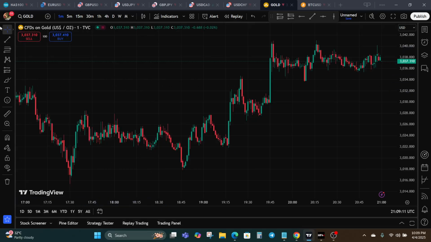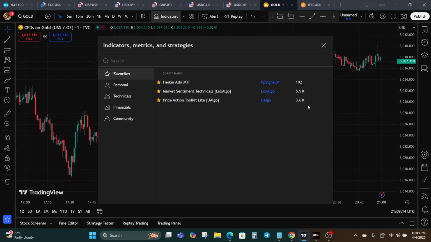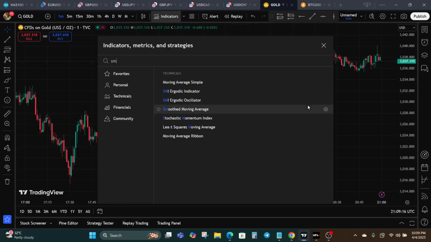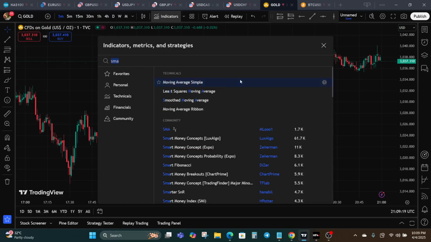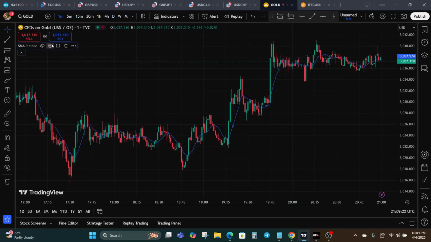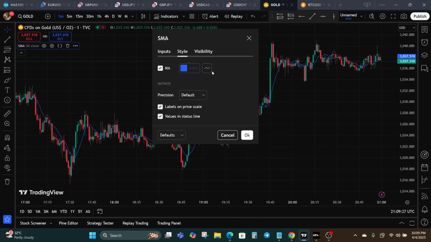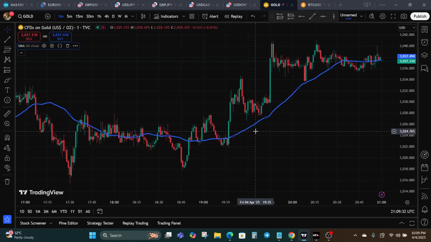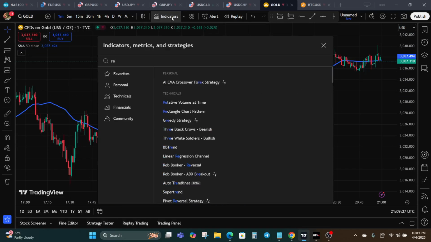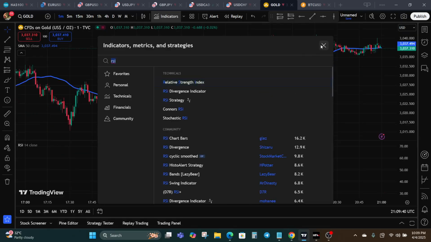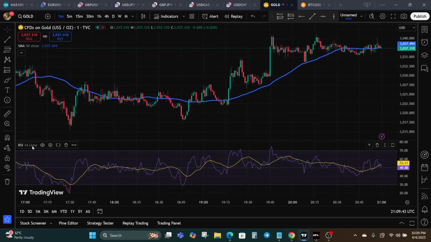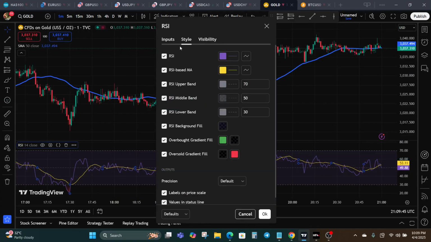Let us set up these indicators on our chart. We're going to be using the 50 SMA, the 50 simple moving average, and then we're also going to be adding the RSI with the default 14 period.